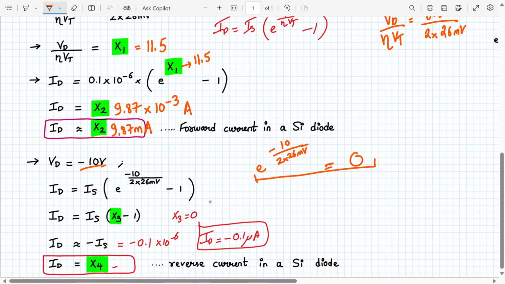If this number is 0, then your value of ID will be minus IS. Calculate it.